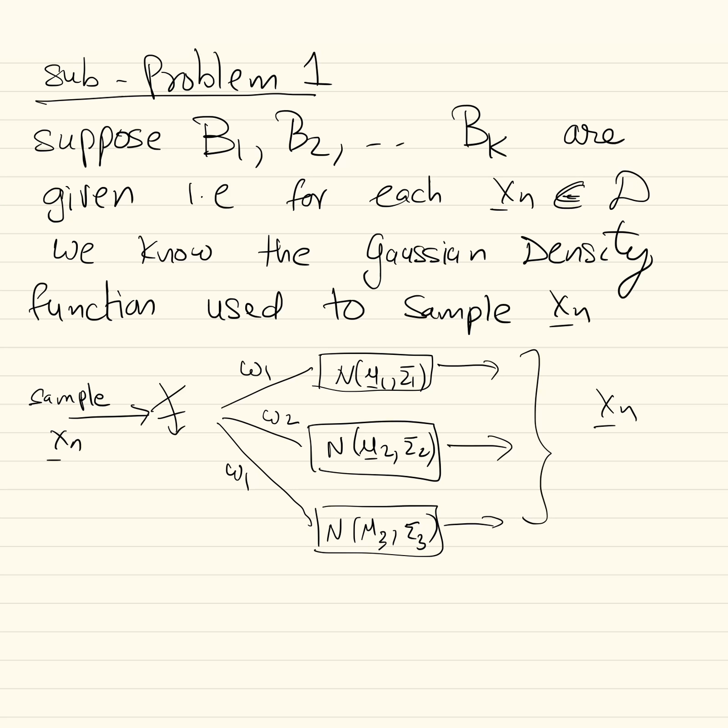We don't tell you what W1, W2, W3 are, what mu1, mu2, and mu3 are, and what sigma 1, sigma 2, and sigma 3 are. But we tell you during the sampling process at each time which branch was taken out of those three. That's what the sets B1 to Bk are. Is this clear?